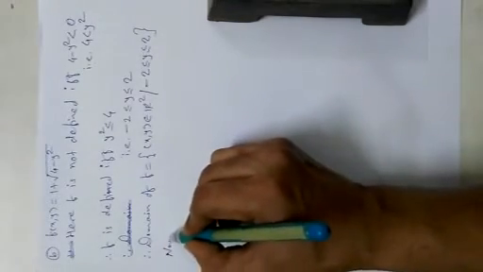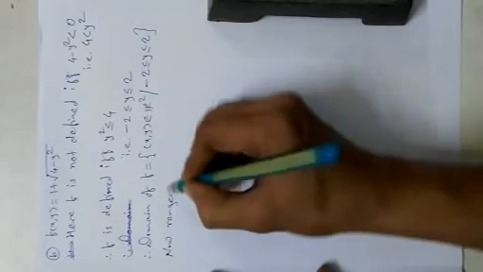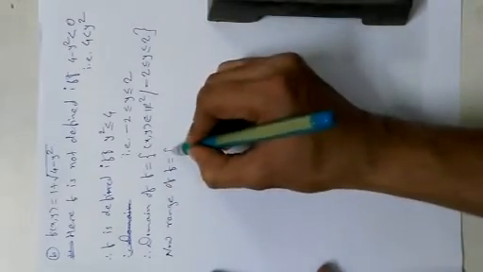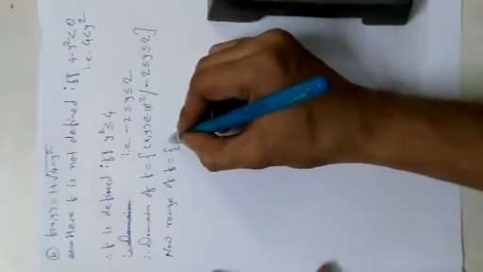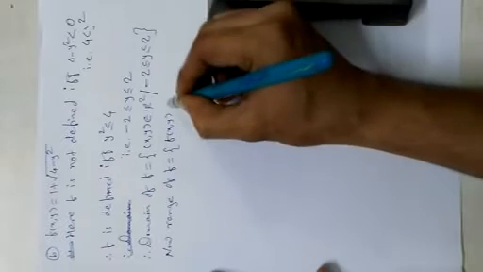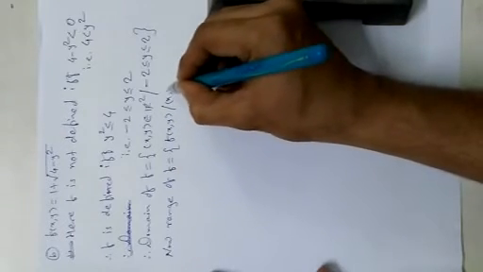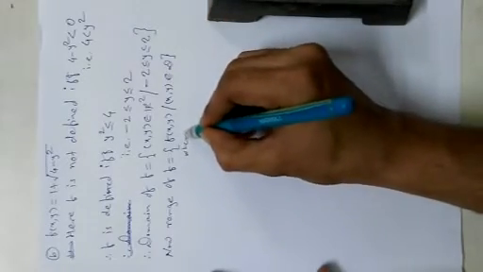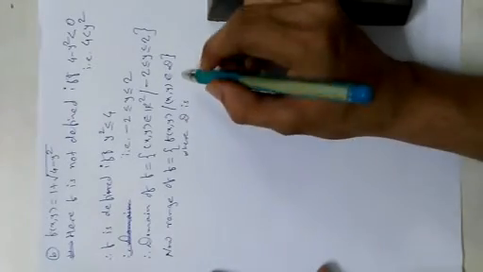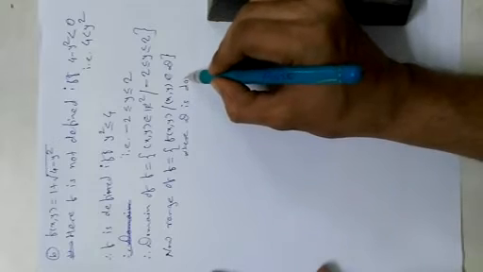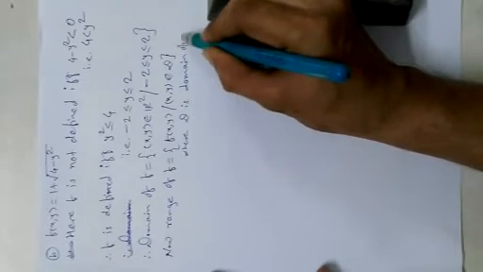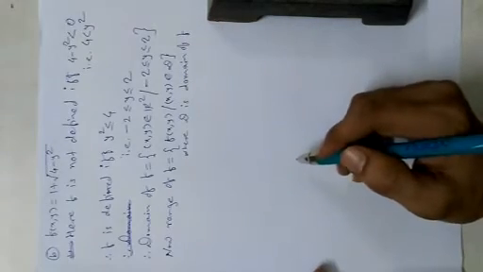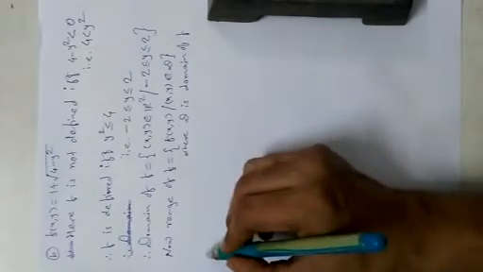Now we find range of f. Range of f is set of all f of x, y such that ordered pair x, y belongs to D, where D is domain of f.